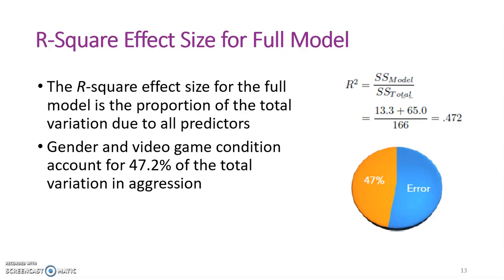And that gives us 0.472. So we would say that gender and video game condition account for 47.2% of the total variation in aggression. It's really the exact same interpretation that we would use from multiple regression, where we have multiple predictors predicting an outcome.